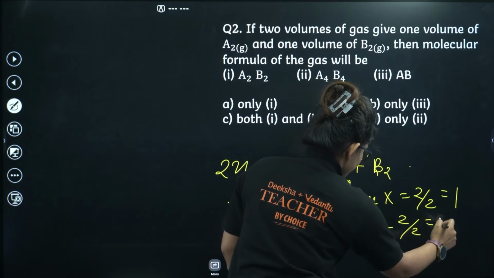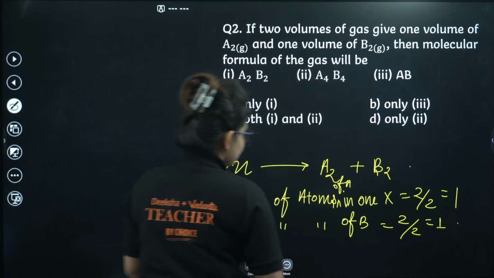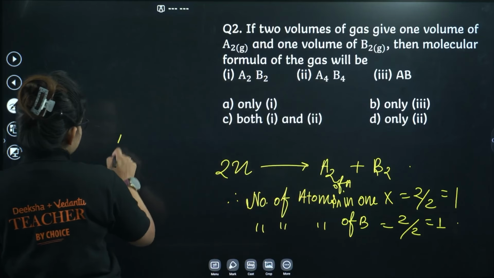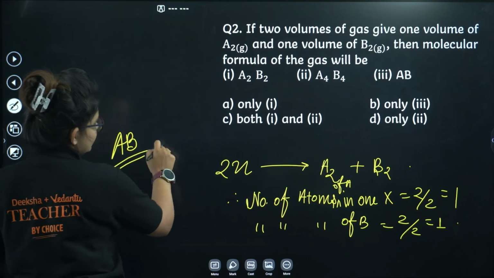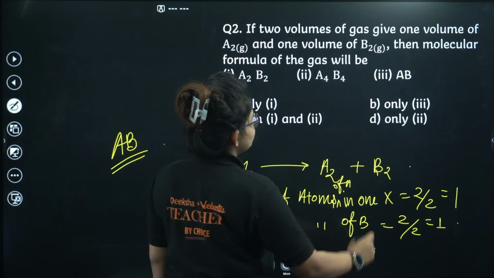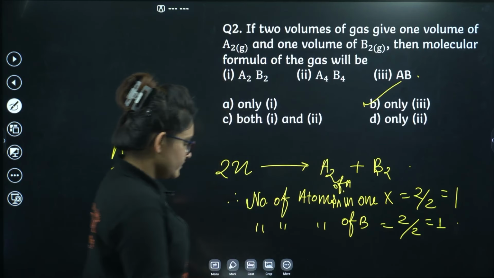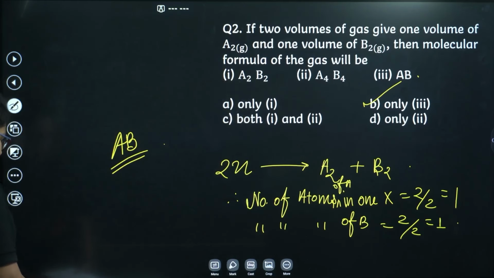So here also you will get 1. Putting this together you will get the formula AB. So that's going to be the answer. So option B is the correct one. I guess it's clear to you.